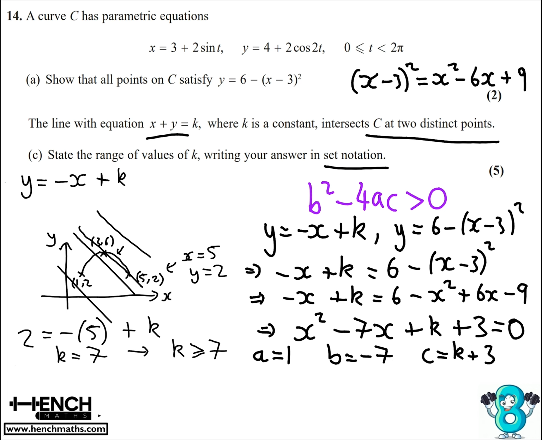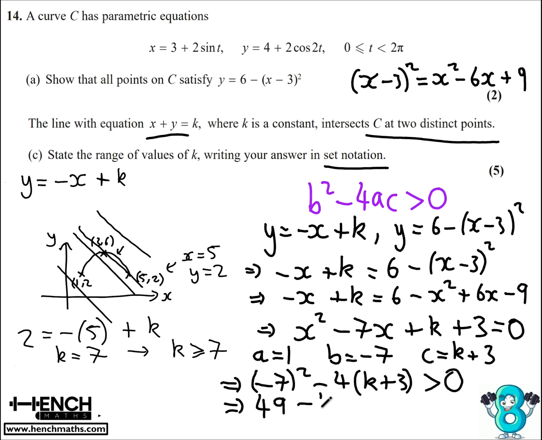So we put this all into the discriminant equation. So this will imply that negative 7 squared subtract 4 multiplied by (k plus 3) should all be larger than 0. So we're going to get 49 subtract 4k subtract 12 is going to be larger than 0, and then we're going to get 37 is larger than 4k.